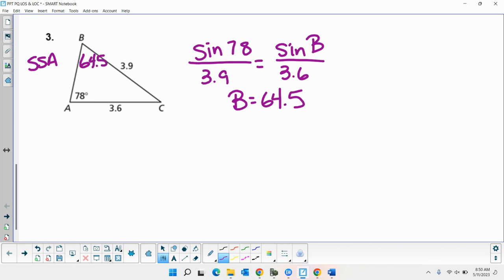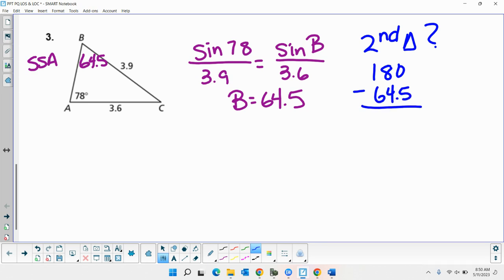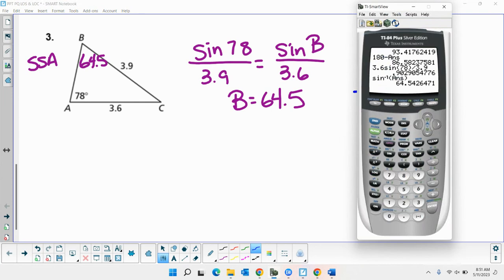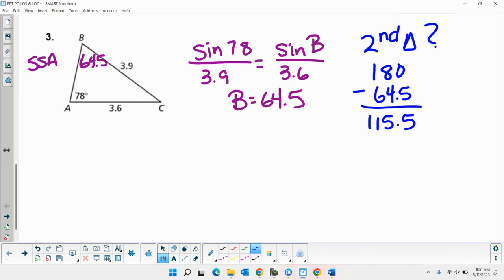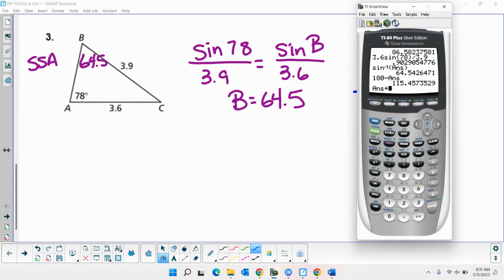So I'm going to check for a second triangle. So I go 180 minus that 64.5, which is what, 115.5? I'll do that in my calculator to make sure. 180 minus that answer. Yeah, 115.5. And then I add the original 78 plus 78.